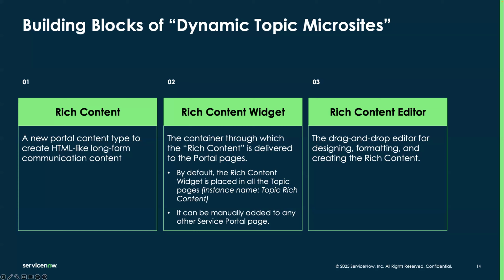You can add text, you can add images, you can add other components such as dividers or lists or accordions and so on, all without needing to write a single line of code. You can just drag and drop components, and we will see the demo of it very shortly. It also includes a preview capability, so you can see exactly how your content will look before publishing it.